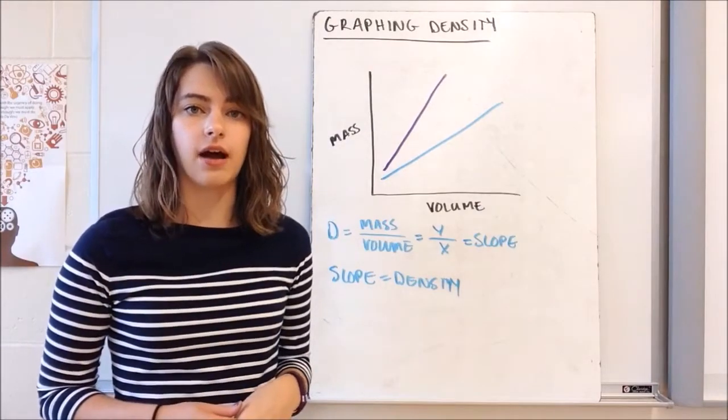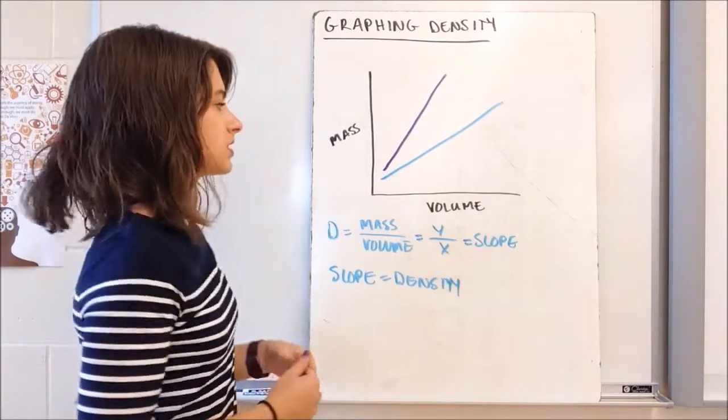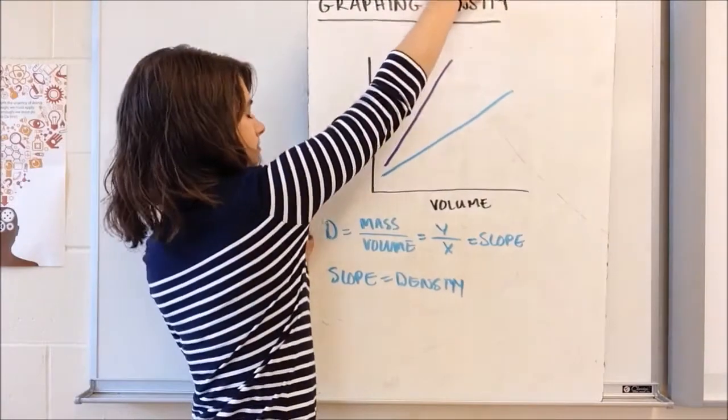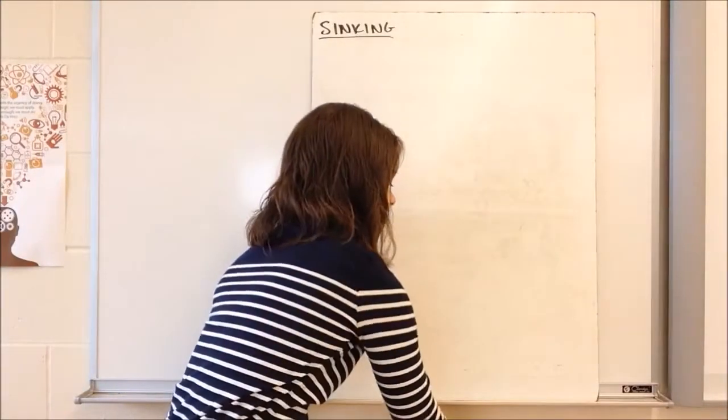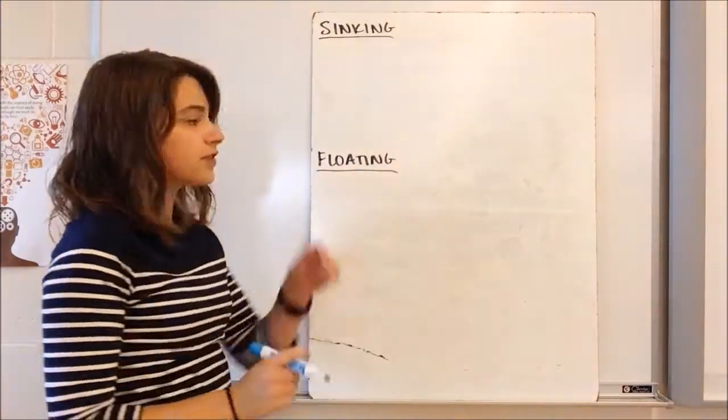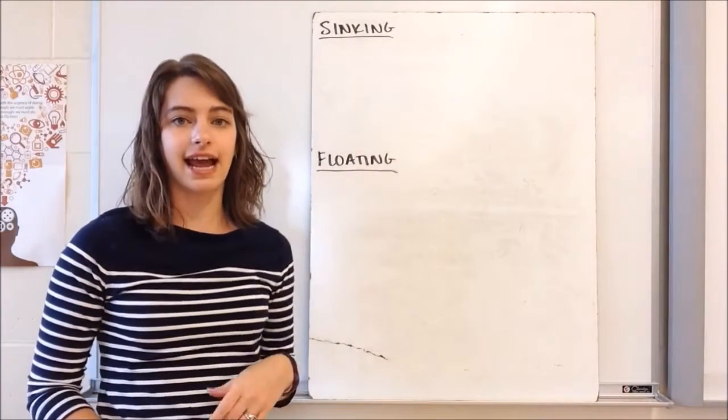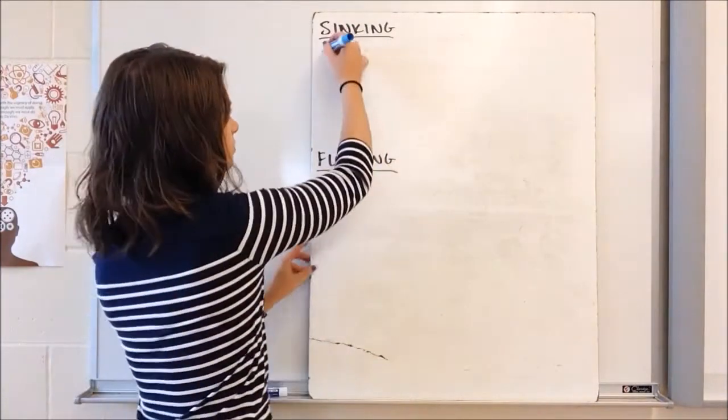Let's talk about how we can use density to determine if something will sink or float. So in order for something to sink, it has to have a greater density.